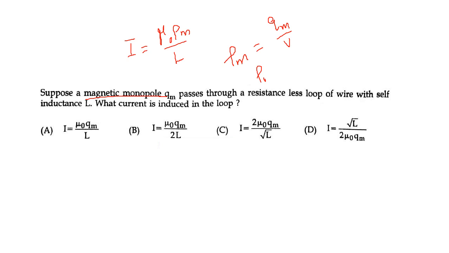So if per unit volume we have only the QM charge, hence you can write I equal to either mu naught rho m by L or mu naught QM by L. Both are accepted answers. So option A is the right answer.